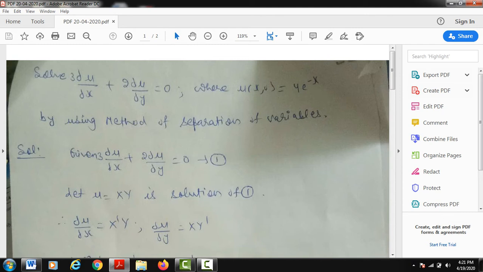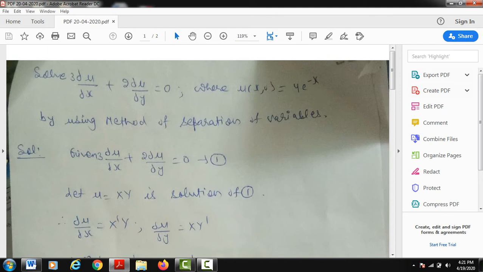After that, we find the two solutions of the independent variables and put them back into the main solution to get the final result. So, students, these are the steps to solve a partial differential equation of any order by using the method of separation of variables.